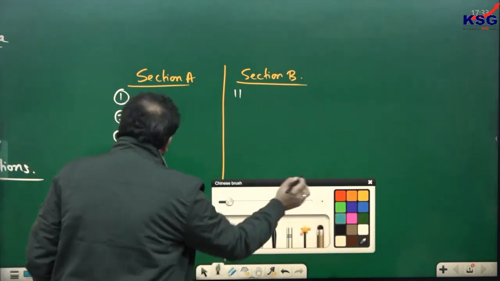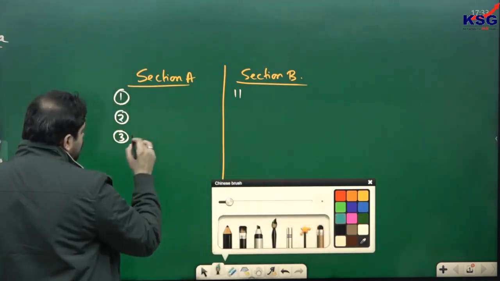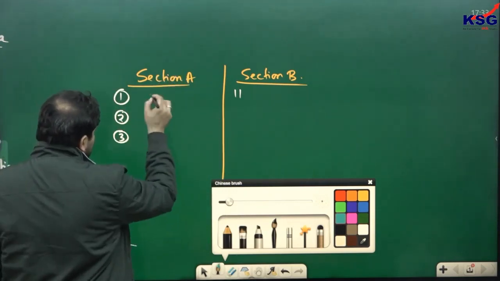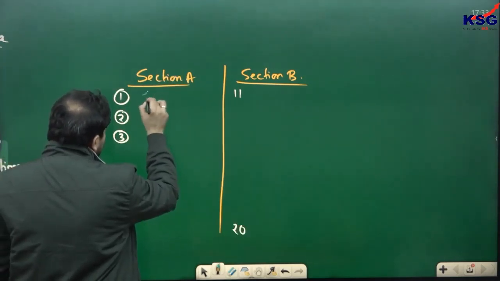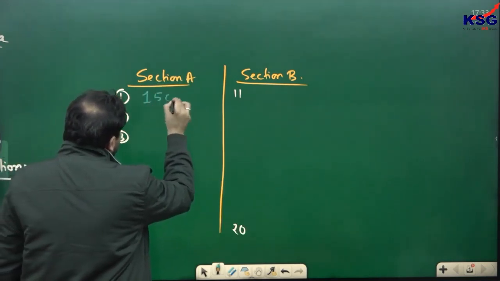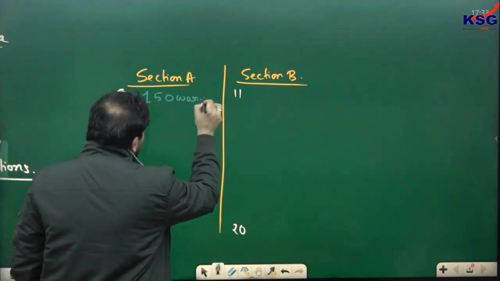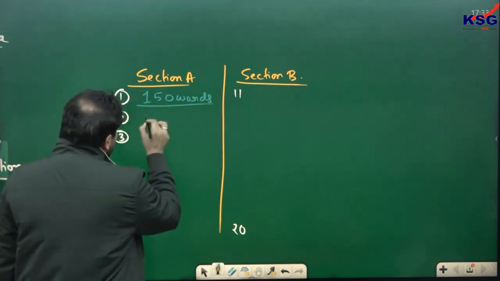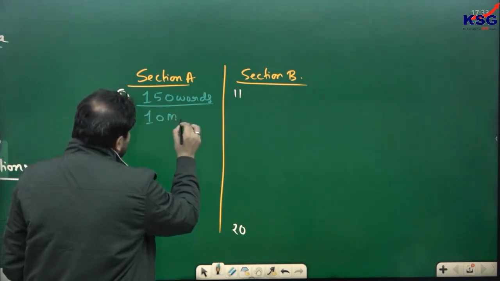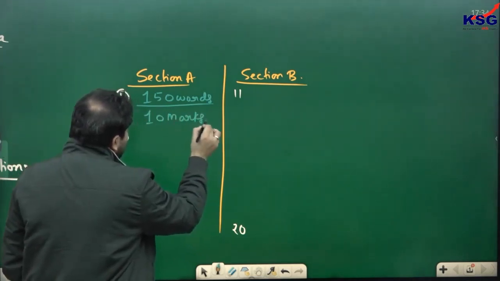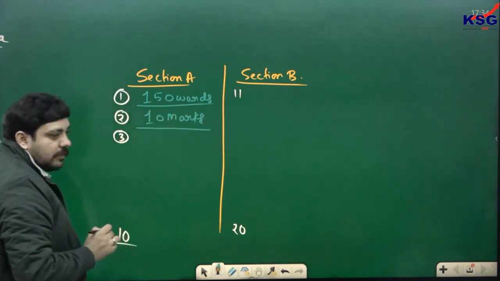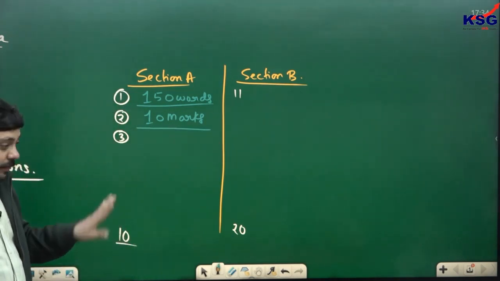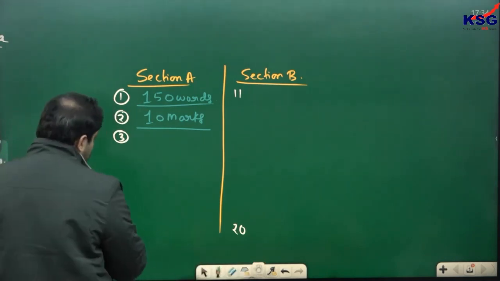In addition to that, what is the difference between section A and section B? Section A has this specification that all the questions which are asked in section A have to be answered in a maximum of 150 words, and the maximum marks that you can get for them is 10. Okay, right? Section A and section B are not divided according to the subjects.